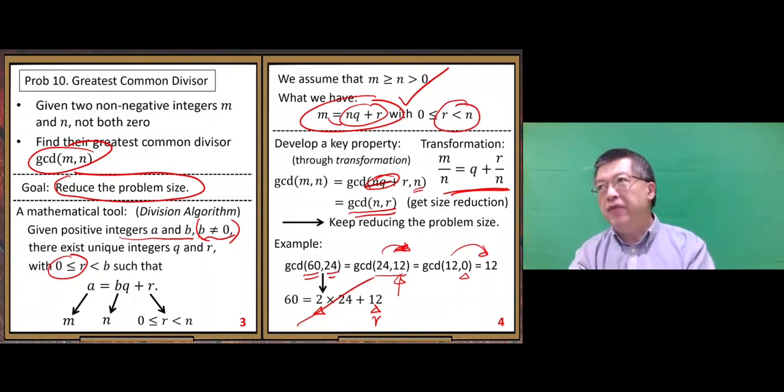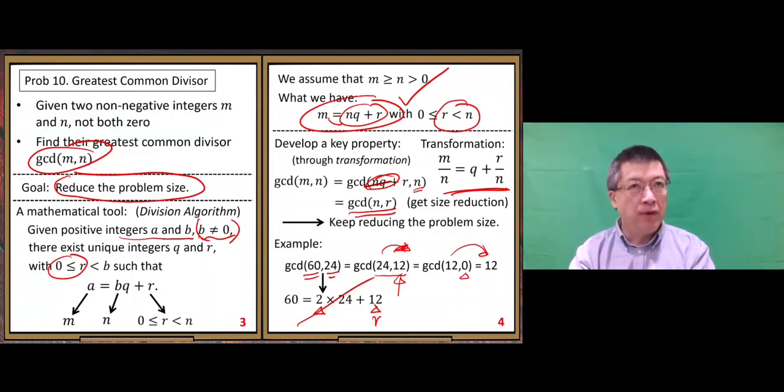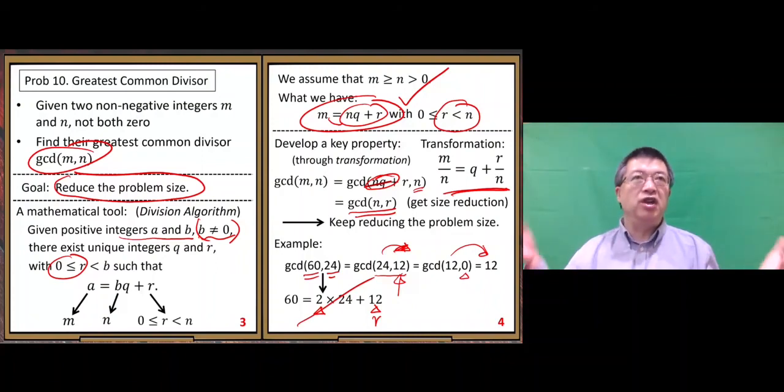Even for those huge numbers, we can still do integer division extremely fast, lightning fast, a fraction of a second. So we can find this GCD extremely fast because we do not rely on prime factorization, which is extremely slow. That's the main point.